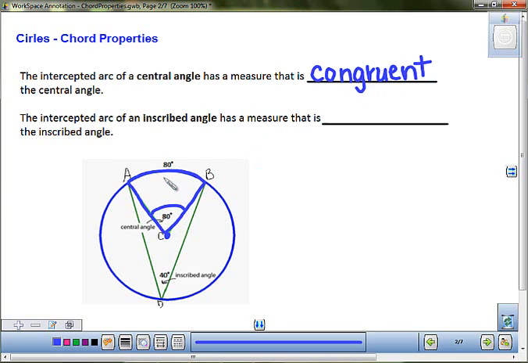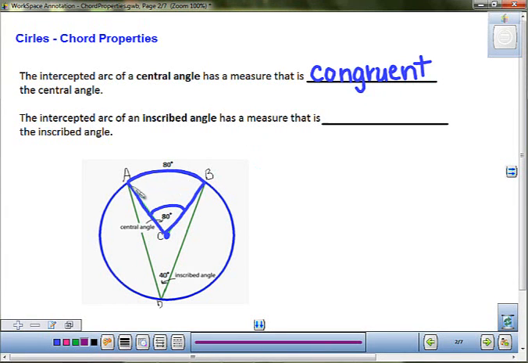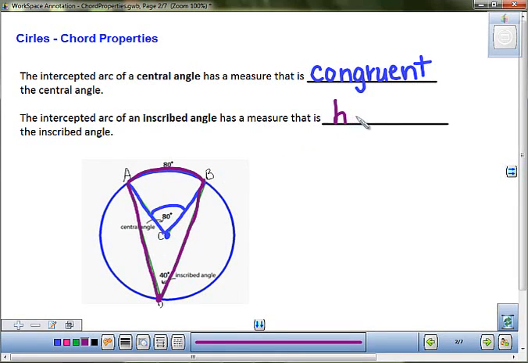Okay, we also need to know that the intercepted arc of an inscribed angle, remember the inscribed angle is where the vertex is on the circle, so that would be ADB. And notice it says 40 when the intercepted arc is 80. So it is half the inscribed angle. Okay, or actually I said that backwards.